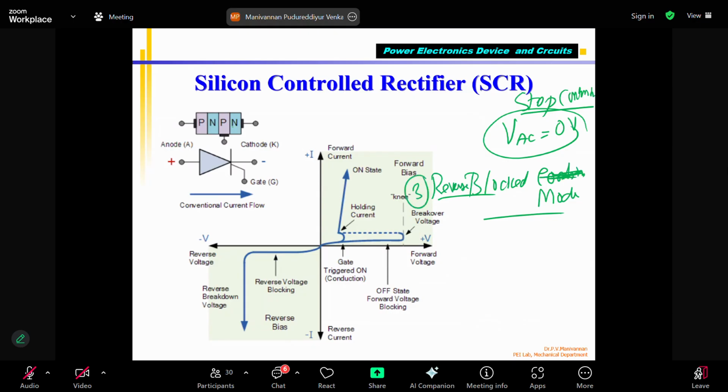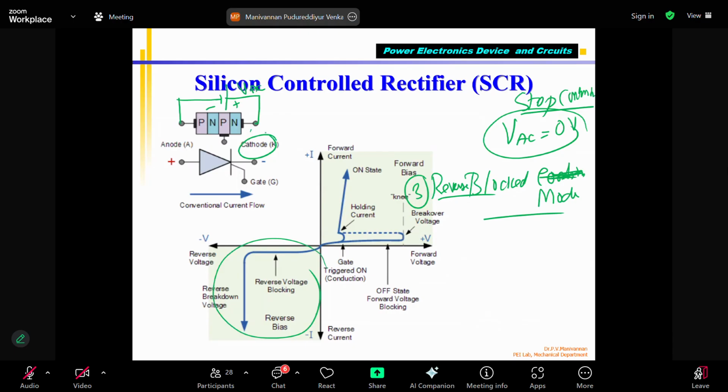In that case, what do I do? I supply a negative voltage to the anode, and this is my VAC. Positive is supplied to the cathode, negative is connected to the anode, and we are talking of this region. The anode is negative, so it won't conduct.